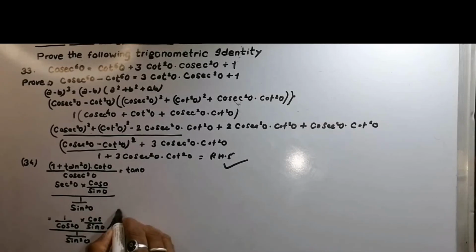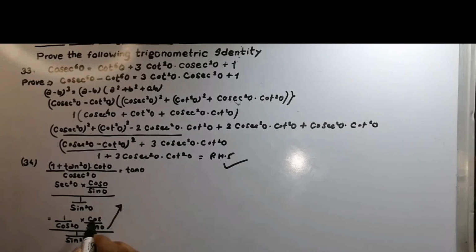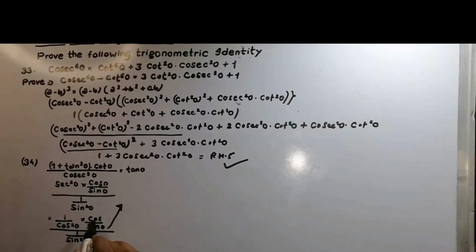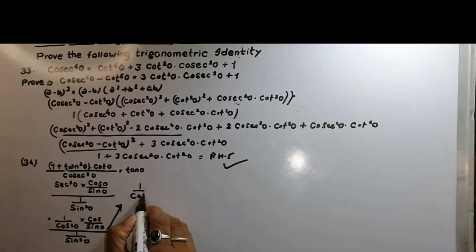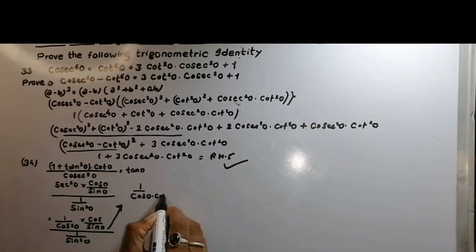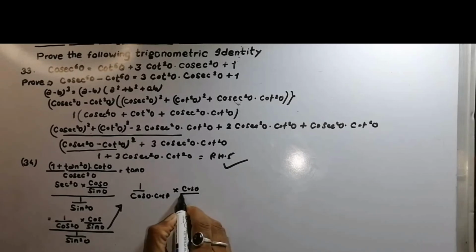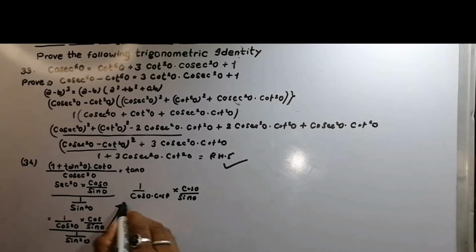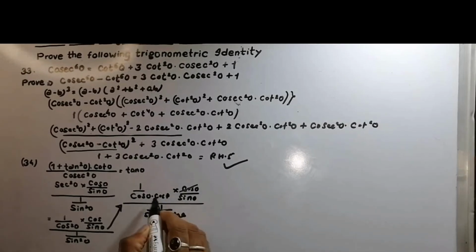We can write this again as, because cos theta divided by cos square theta, you can change to 1 upon cos theta, and this cos theta upon sin theta by 1 upon sin square theta.